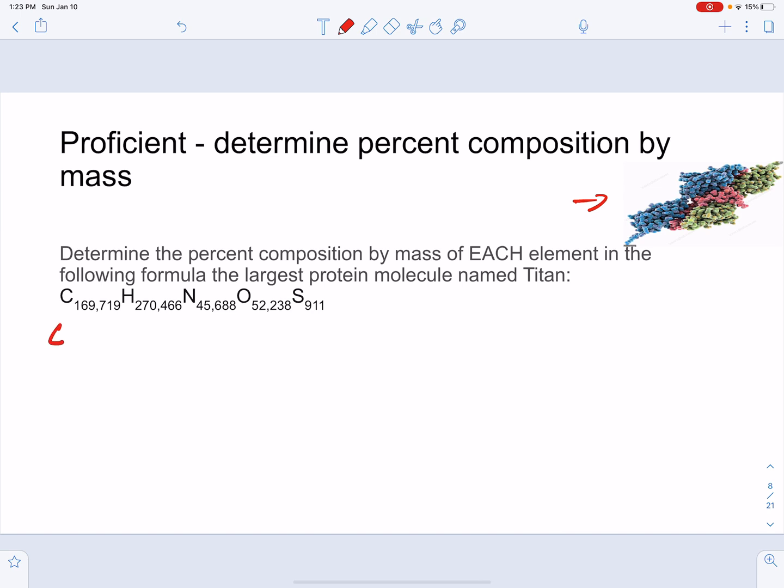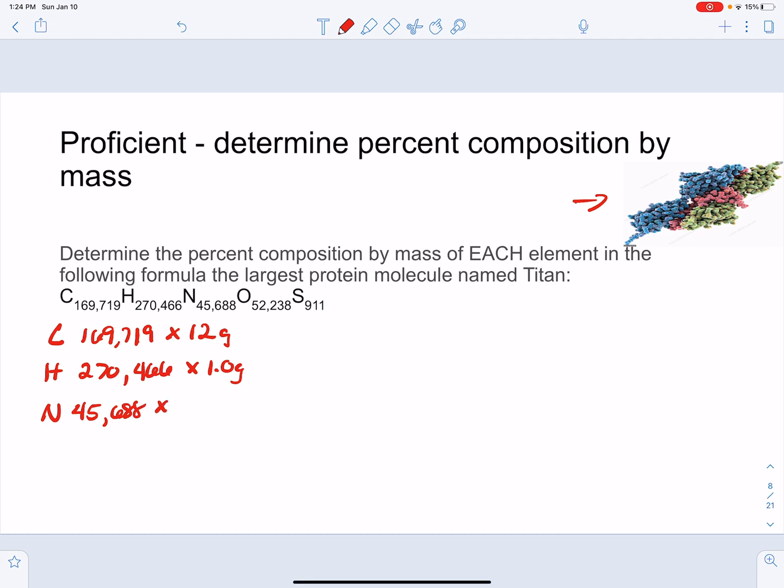For our carbon, we have 169,719 carbons, and each one weighs 12. The hydrogens, we have 270,466 hydrogens, and each one weighs 1 gram. For our nitrogens, we have 45,688 nitrogens, and each nitrogen weighs 14 grams.